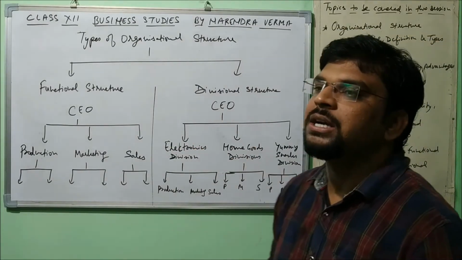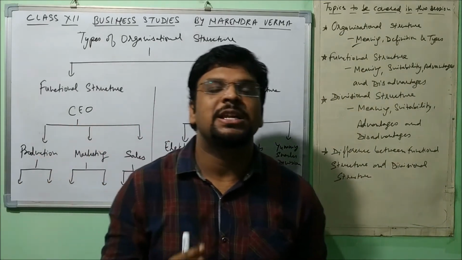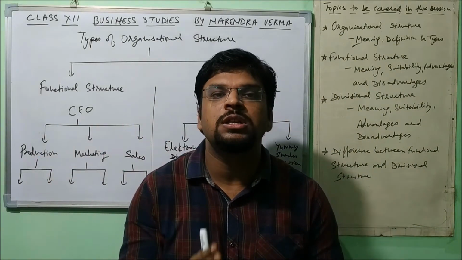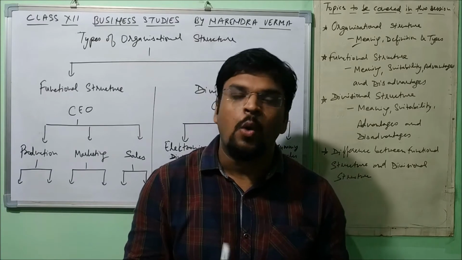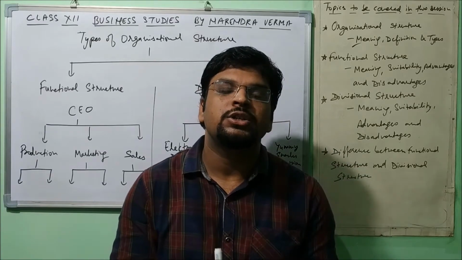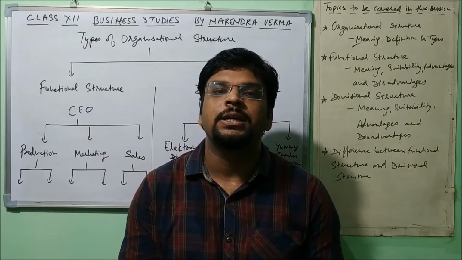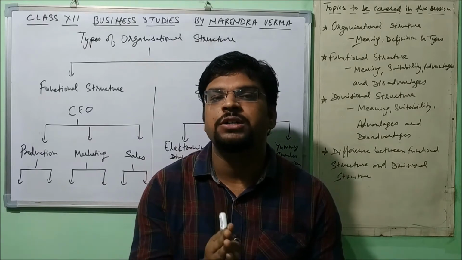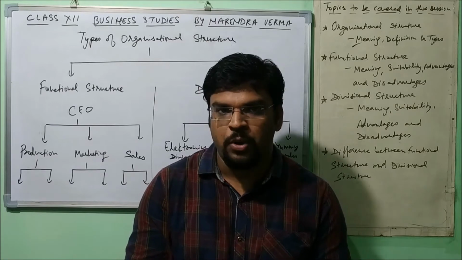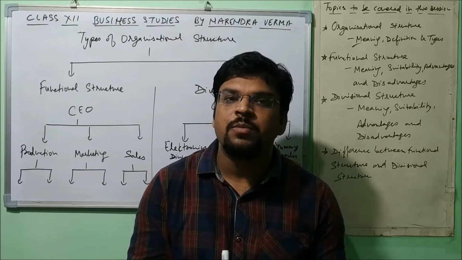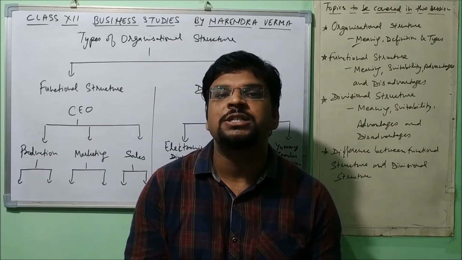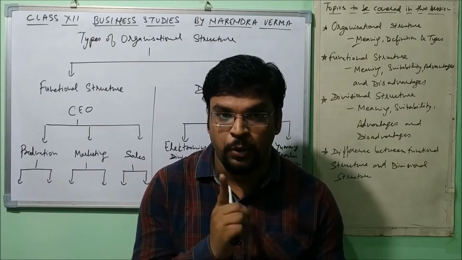Very first we need to understand functional. As by the name it is very much clear that it is on the basis of function. Right? When similar nature of jobs are grouped under one department, that is known as functional organization. On the requirement of functions, various departments can be formed. Okay?